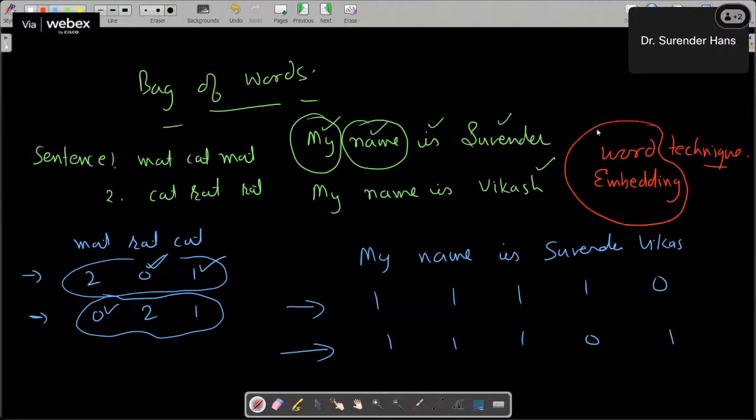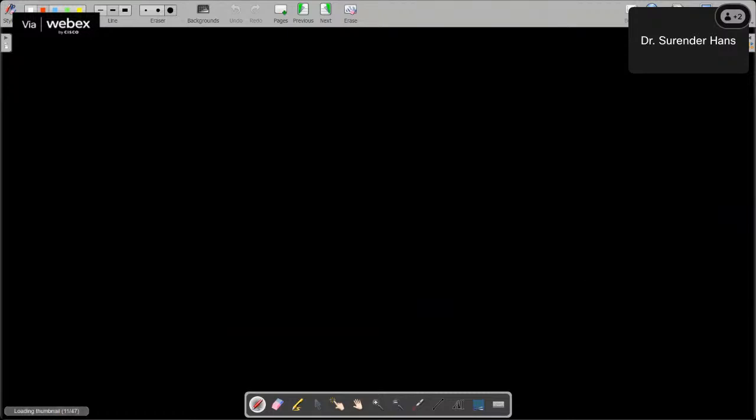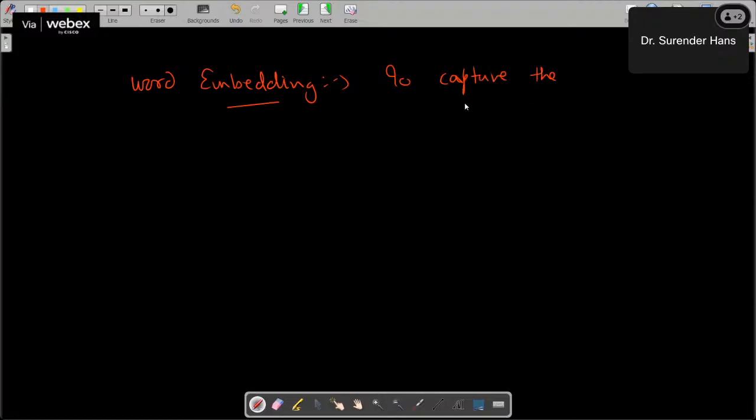This is word embedding. This word embedding technique is able to convert a word into a number in a much better way, because word embedding has the power to capture the semantic meaning, the meaning of a word.